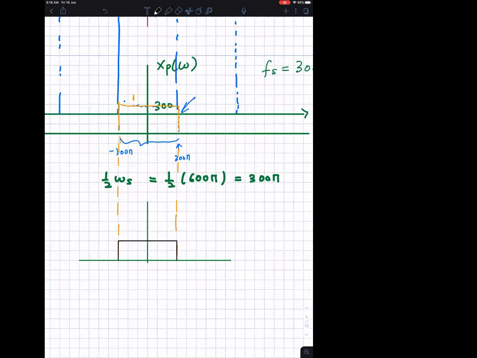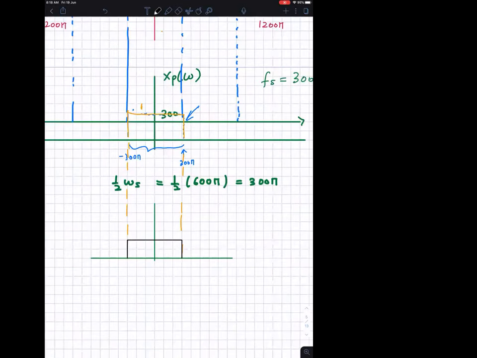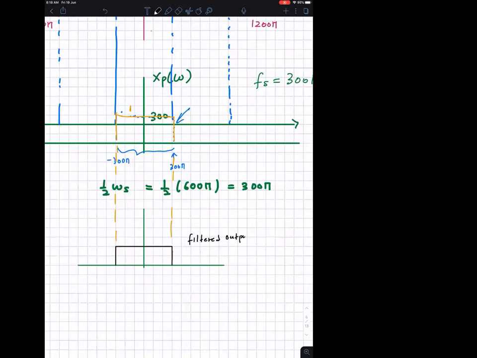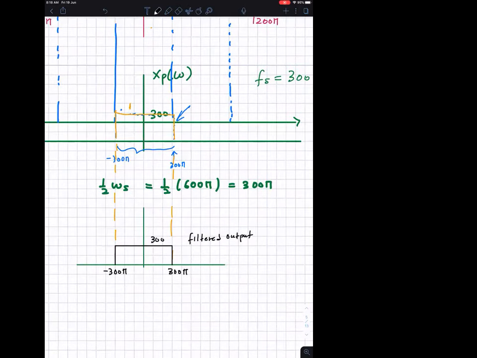This is the filtered output, of course, 300 and minus 300 pi. Any question?